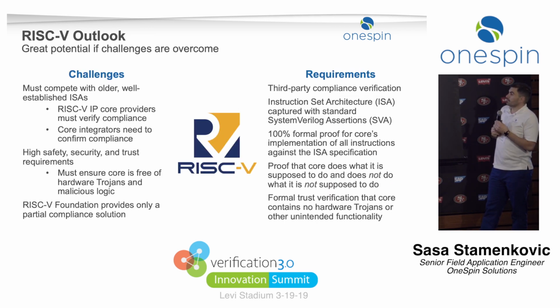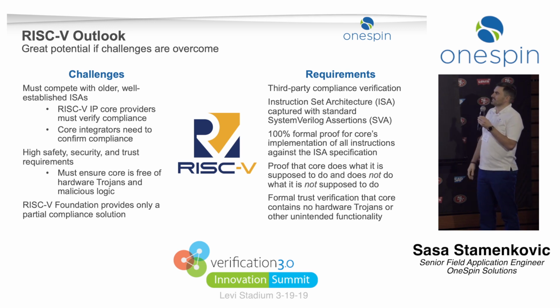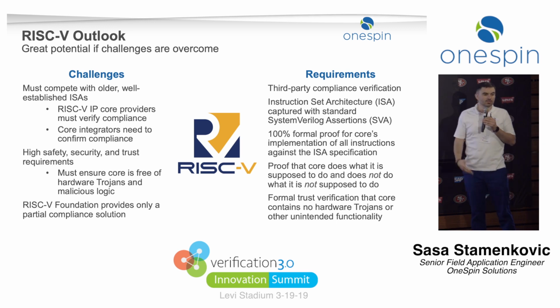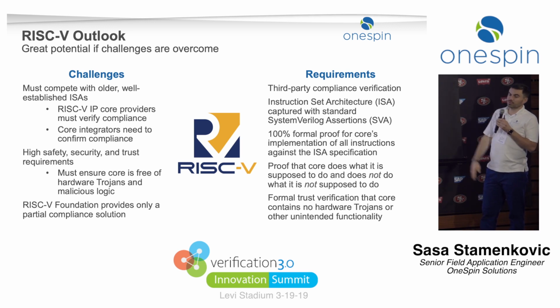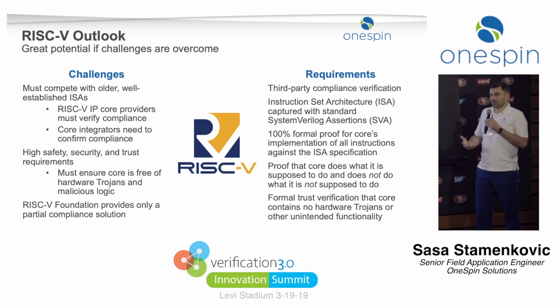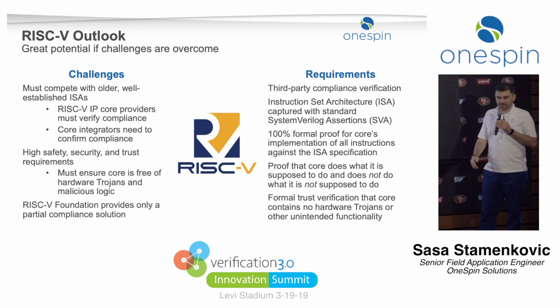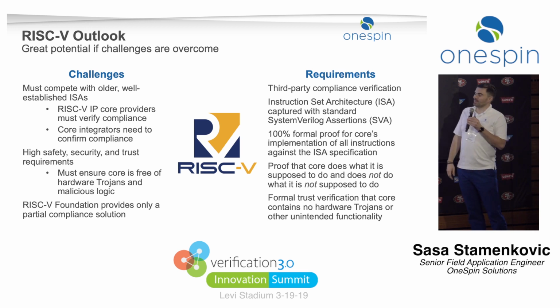So I will not spend too much time on this slide because previous presentations mentioned all of them. So there are many challenges that we need to address as part of the design and later on during the verification. First of all, the compliance. Really, the RISC architecture was developed initially by Alan Turing, I would say, so quite old.